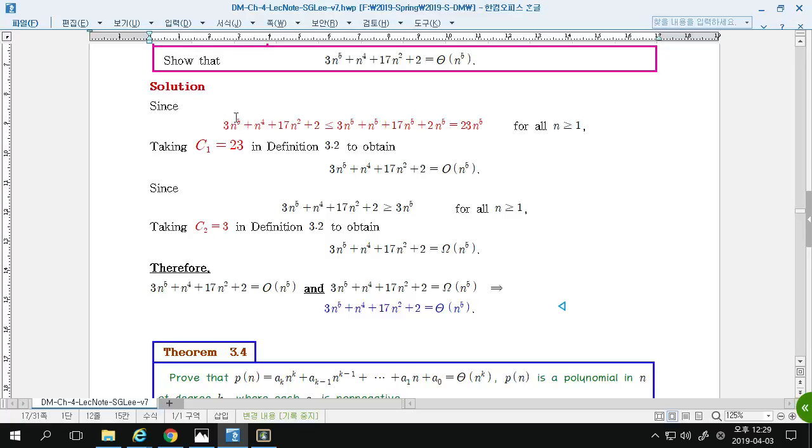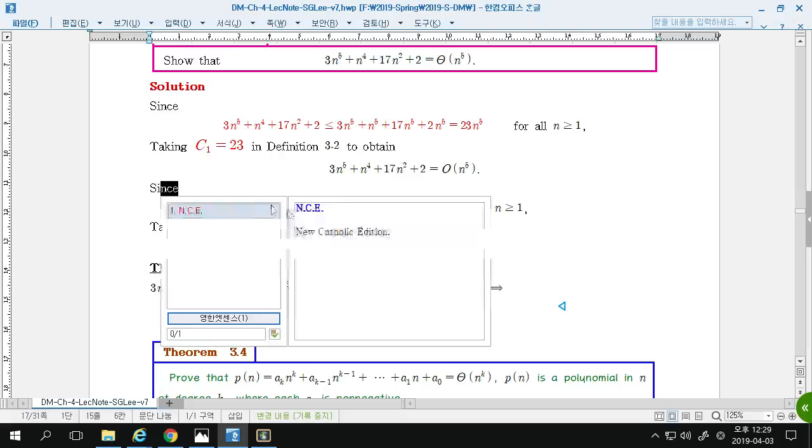So this is an upper bound, which is a multiple of n to the fifth, where C1 is equal to 23. If we choose C1 as 23, then by the definition, this polynomial is big O of n to the fifth. Done. So we found C1, 23, to show this is big O of n to the fifth.